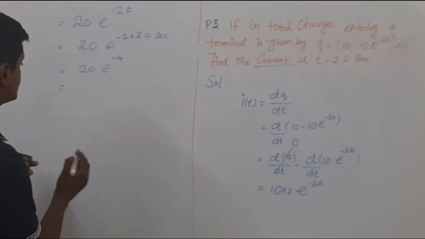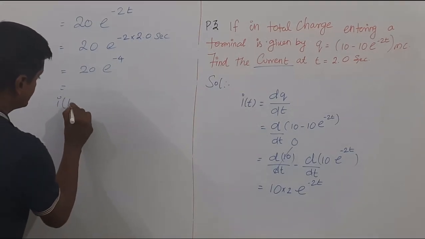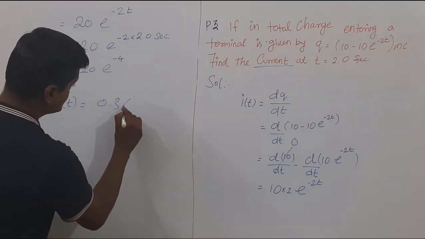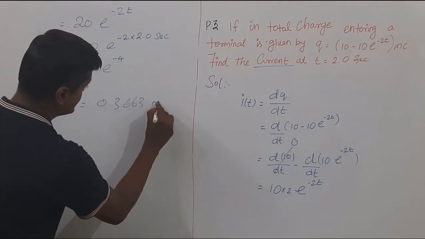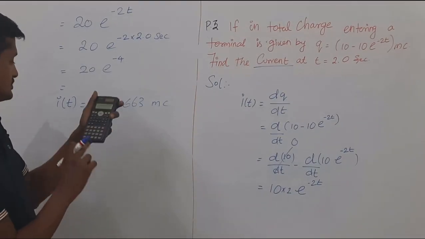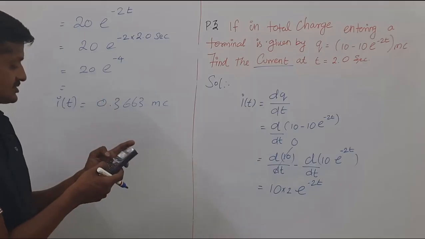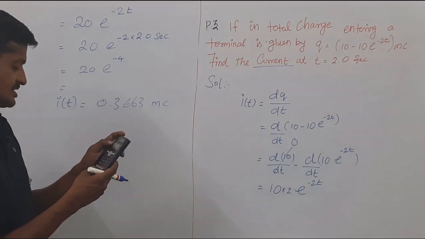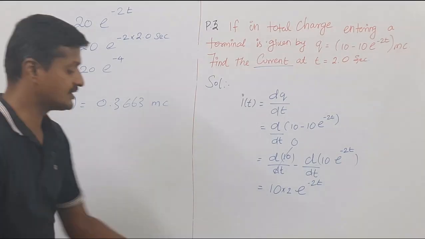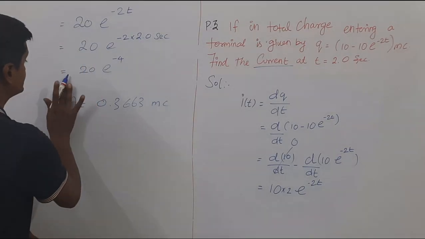So 20 e power minus 4, that is I of t, equal to 0.3663 millicoulombs.